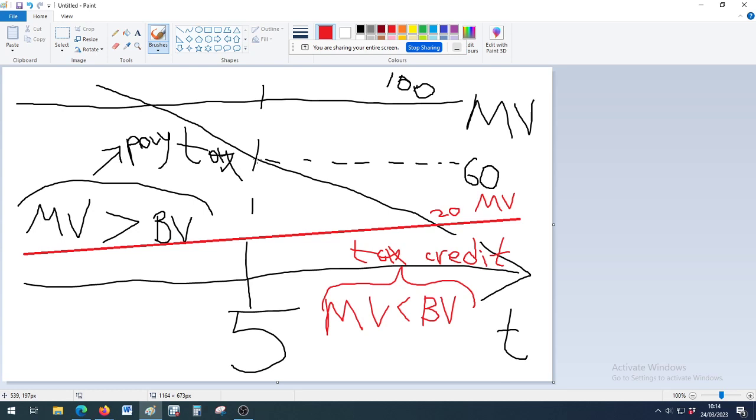And vice versa. If the market value is 100,000, but the book value is only 60,000, you are selling something for a bit of a profit. After depreciation, your cost of buying this car is like 60,000, but you're selling it for 100,000, so you have a capital gain, and you have to pay tax on that.